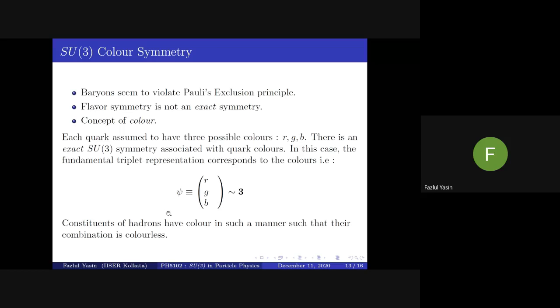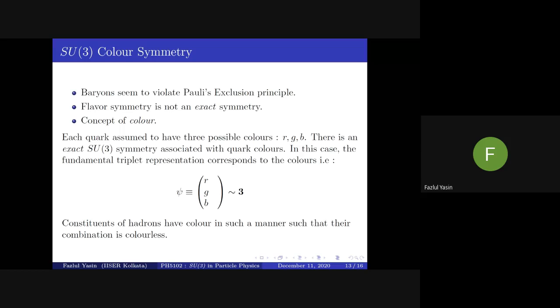Now, in nature, it's found that the hadrons are colorless, and so this implies that the constituents of hadrons, which are the quarks and antiquarks, have colors in such a manner that their combination is colorless.